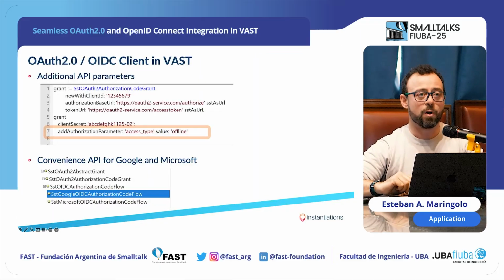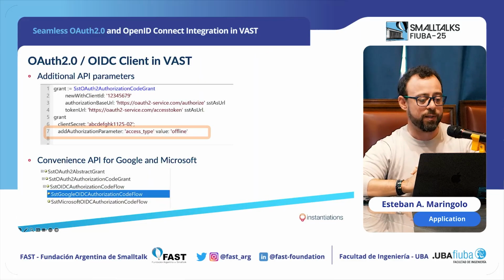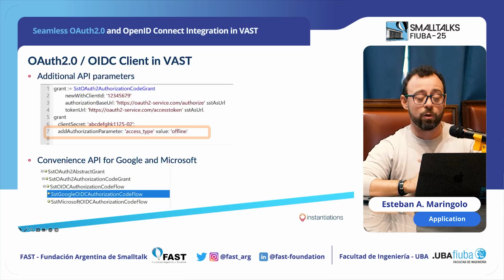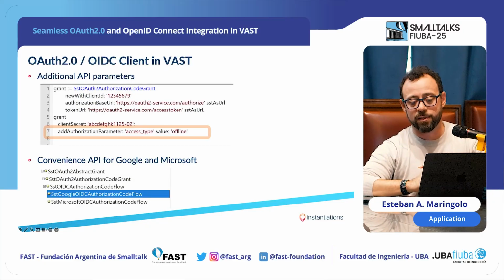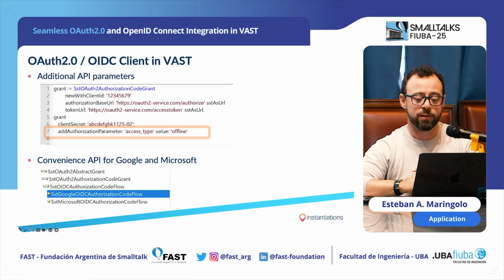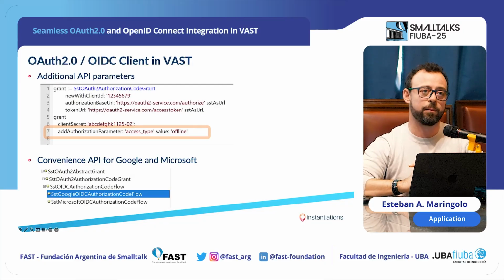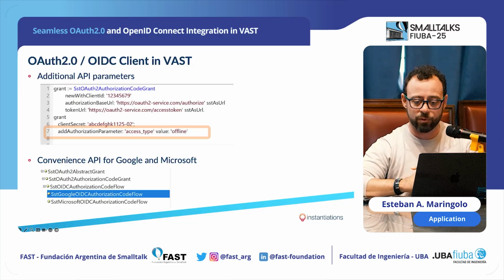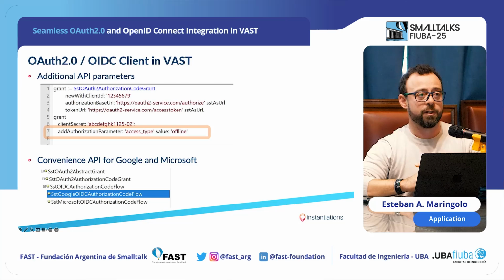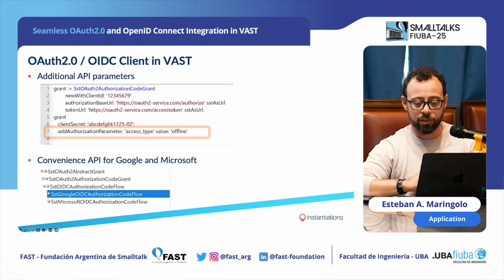So let me wrap this with the key takeaways of this demo. Our VAST library, this is important, has passed the official OpenID conformance test for the basic relying party profile, which is the most commonly used. So you can be confident that it's fully compliant with the specification.